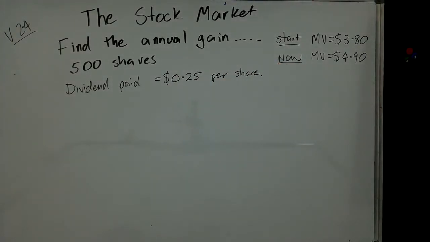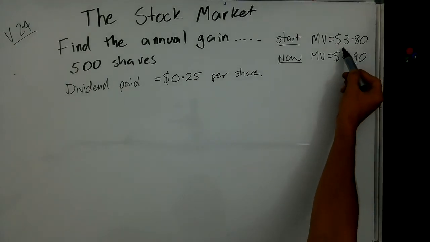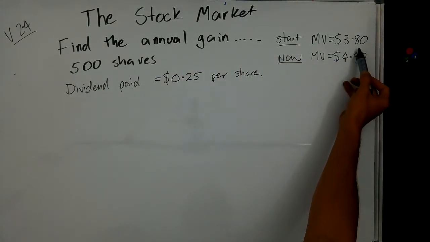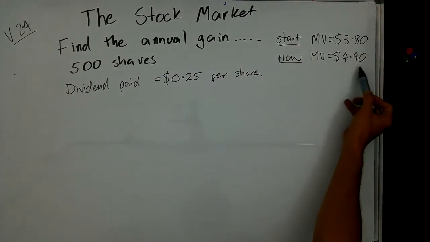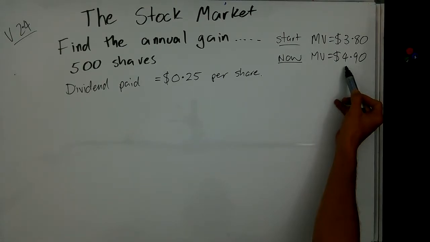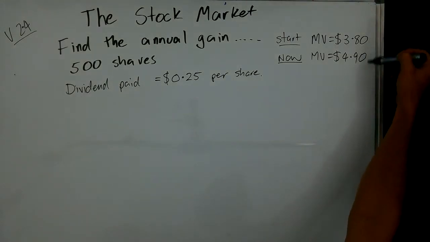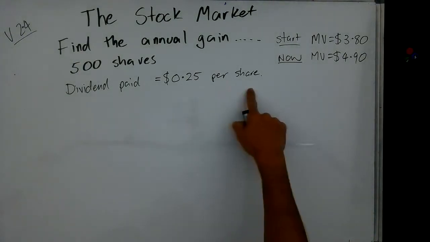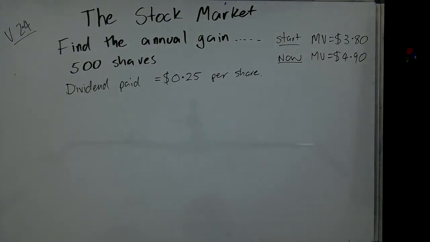Okay, so that should really be all we need. So the question is essentially asking us to work out what 500 shares at this value is compared to 500 shares at this value. Then finding the difference, and then because that will be the gain, but we also then have to add in this dividend that was paid.